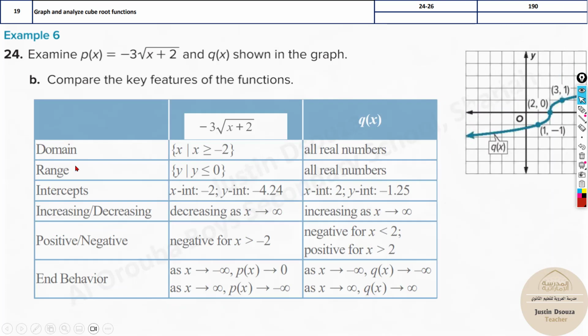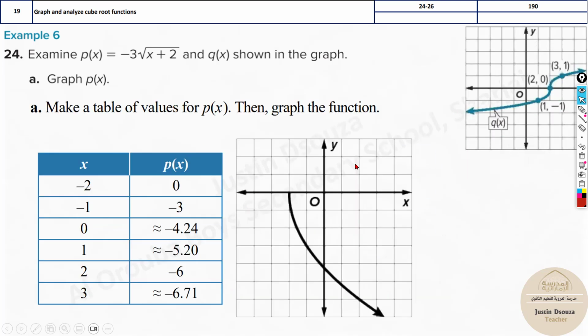Now, what you have to compare is these features. I'll tell you a few of the features. Let's see both the graphs together. What is the domain? For a square root function, or any positive even root, 2, 4, 6, 8, whatever you solve over here, whatever is inside must be greater than or equal to 0. Then you get the domain.